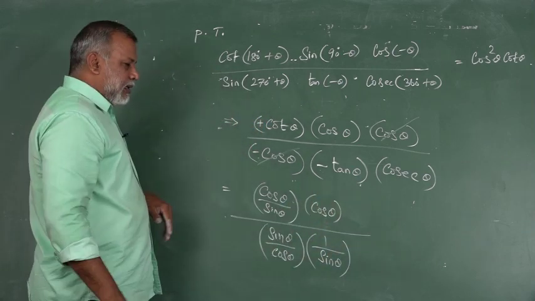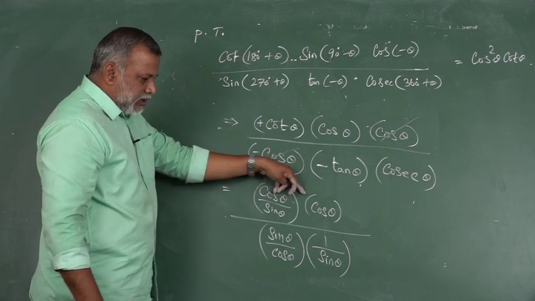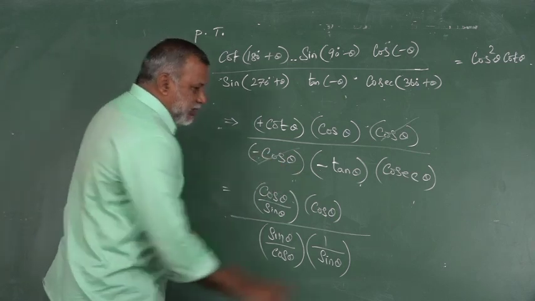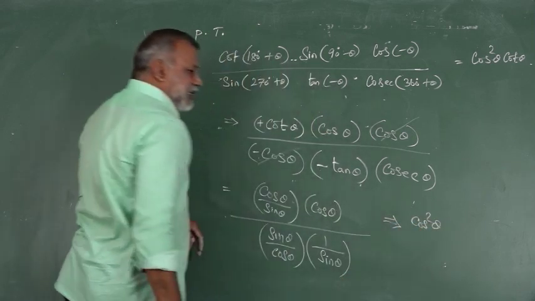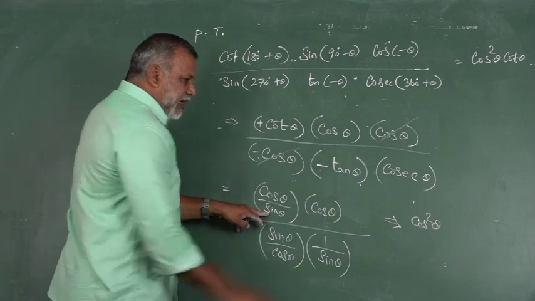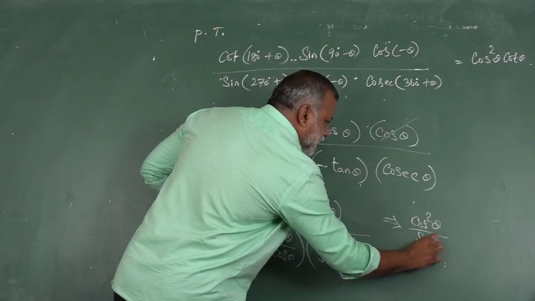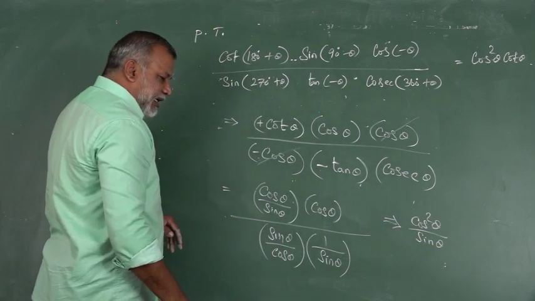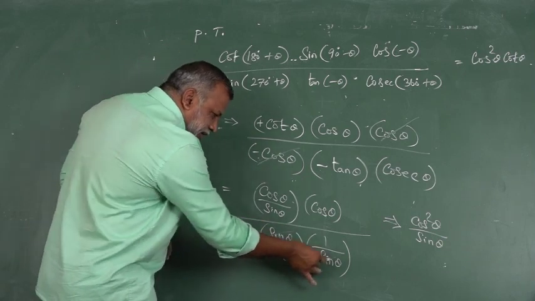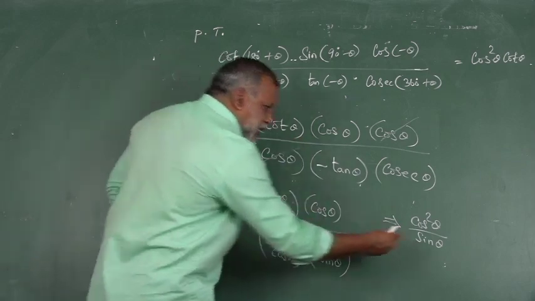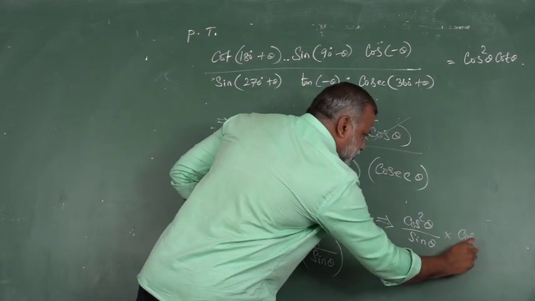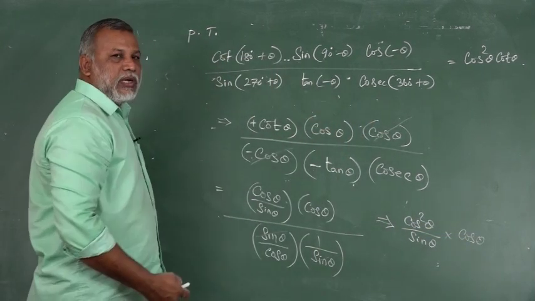Now listen, cos in the numerator, cos into cos becomes cos squared. The remaining divided by 1 by sin. See this denominator, sin in numerator and denominator will be eliminated. The remaining is 1 by cos. It will take the reciprocal. Therefore cos comes here.